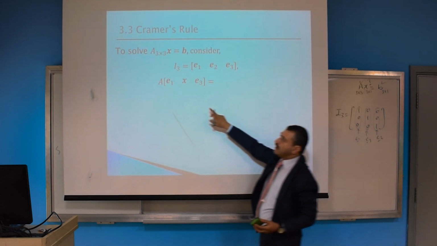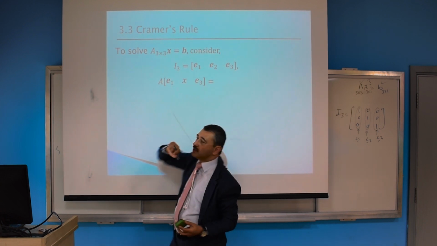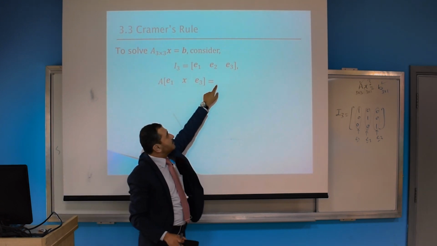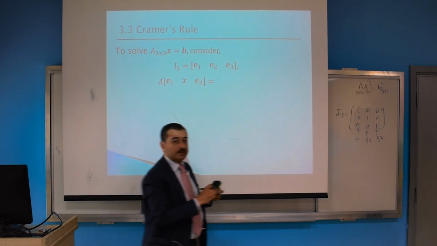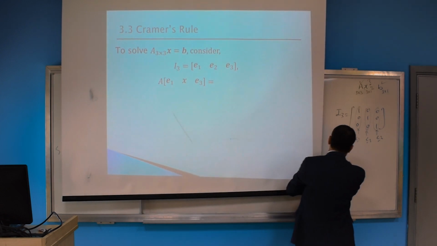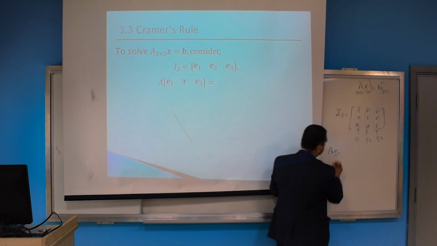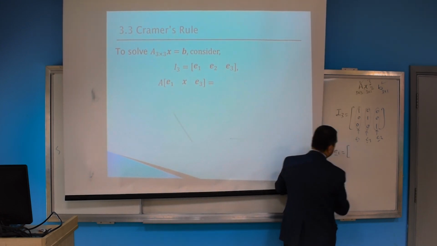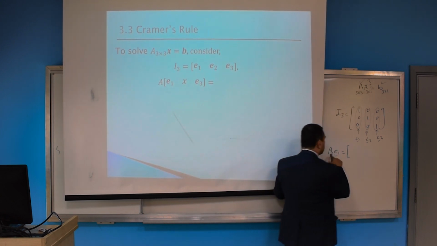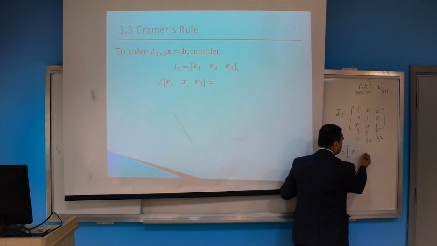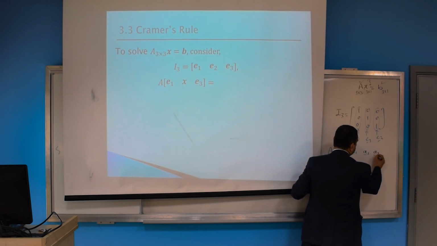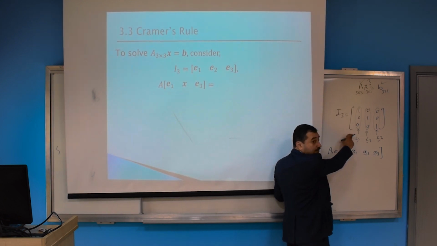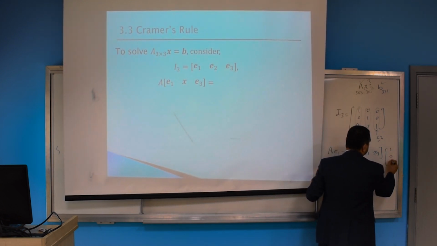When you do the matrix multiplication, you will get a 3 by 3 matrix. Let's see what we get in the first column if you multiply A by E1. Let's write A as columns, so I'm going to write the matrix A as A1, A2, A3, and multiply this matrix by the vector E1, which is 1, 0, 0.